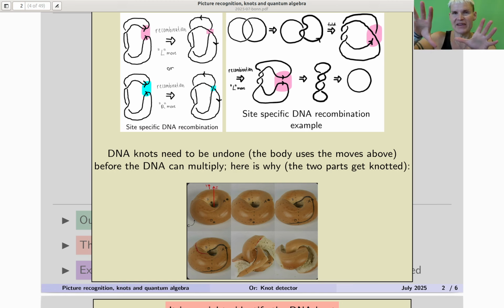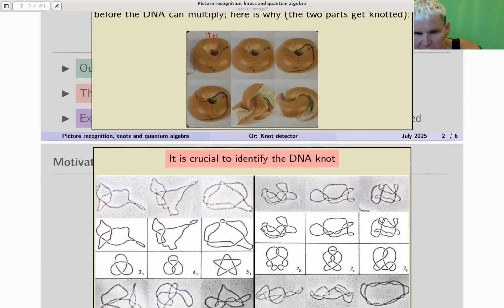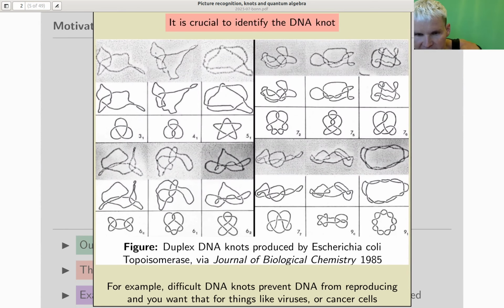For DNA, a long string, it actually matters what type of knot it is and how many moves you need. For this video, we don't really need to know that, but it's a nice motivation. Biologists really do that. So here's one of my favorite pictures, which I stole from a biology paper, and I forgot which one.